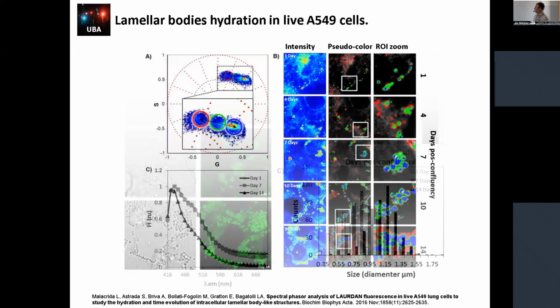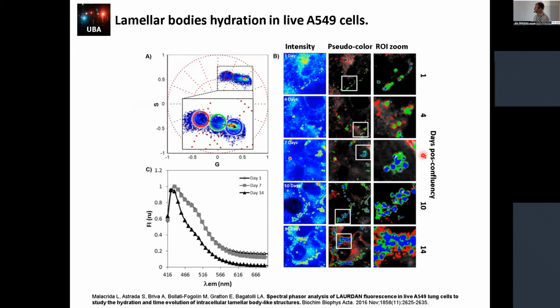And then we tried to analyze how the organization was. So we transformed the Laurdan information into spectral phasor, and using the cursor selection, we highlight where our lamellar bodies are, and we can immediately see that the lamellar bodies at the beginning are more red, and then are getting more and more blue, which means that they are more organized in membrane, and they also grow in size.